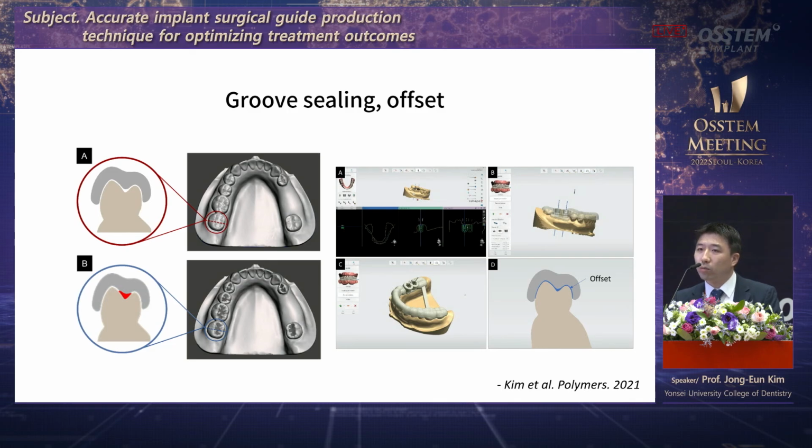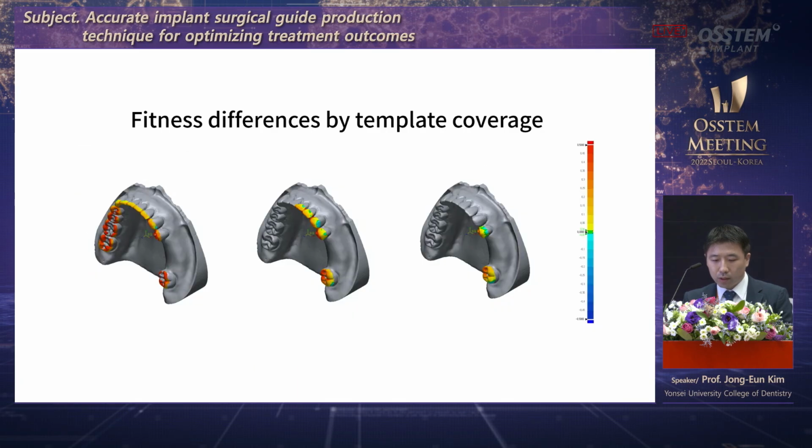Therefore, sealing the groove is very important, and experimentally it has been proven that sealing the groove is very helpful. And on the software, you can provide an offset. This will help in increasing the internal fit.